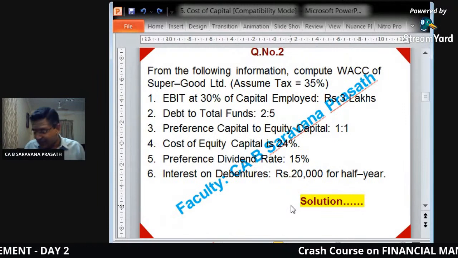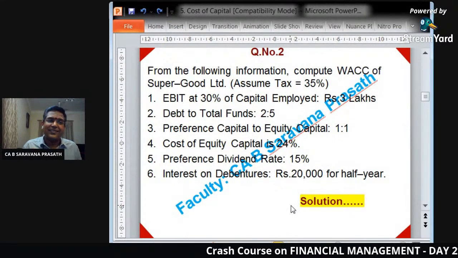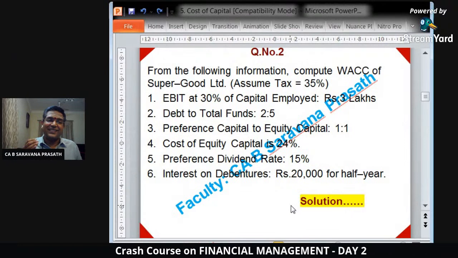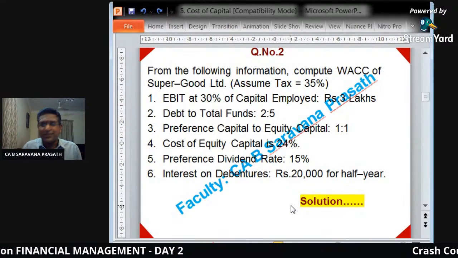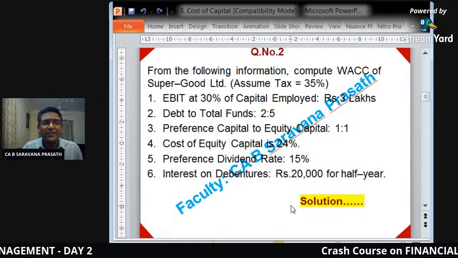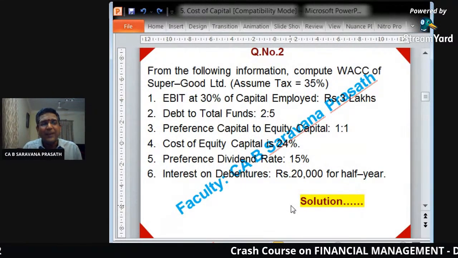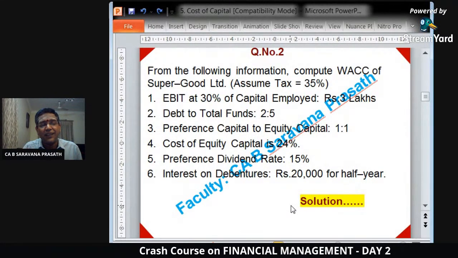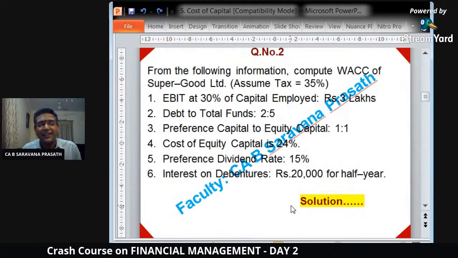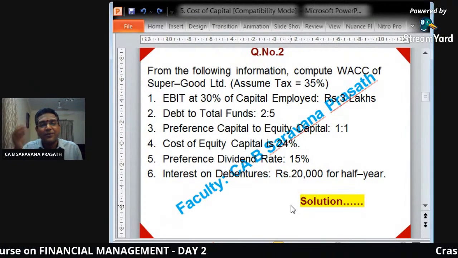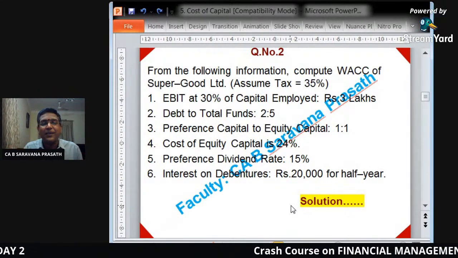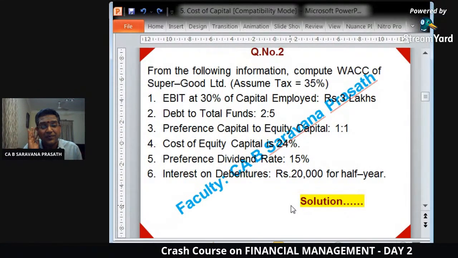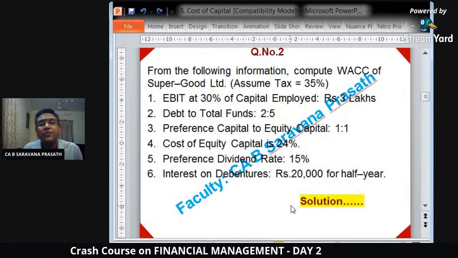Rather than merely stock, debtors, gross profit, net profit, etc., which are terms used in accounting, you should also remember the terms relating to finance. The moment I see 30% on capital employed is equivalent to 3 lakh, capital employed should be 3 lakh divided by 30%, which is 10 lakh. That's the first point.